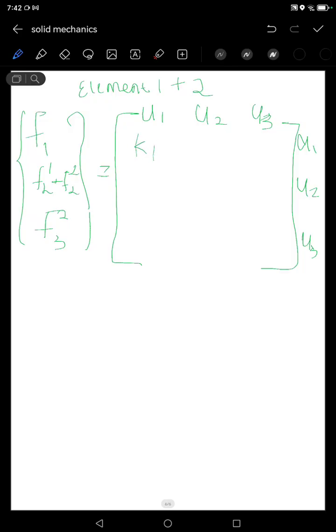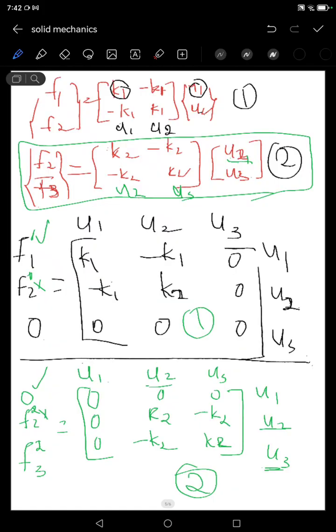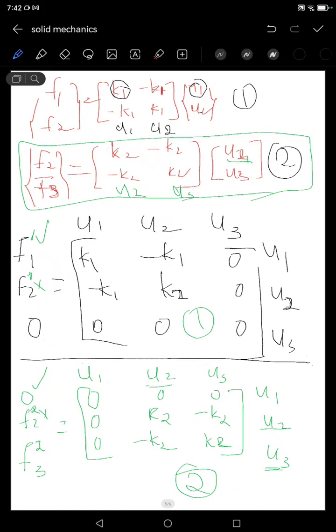Okay, and then now we go back again to our matrix. We combine u1 and u2. On the first matrix, u1 and u2 is negative k1, and on our second element it is 0. So it's going to be negative k1 plus 0, which is negative k1. Guys, are you following? Do you have any question?